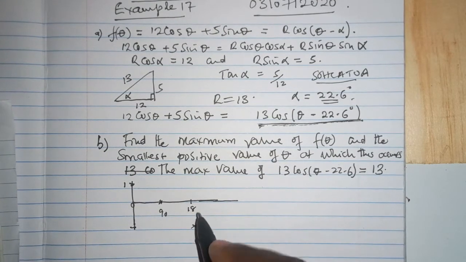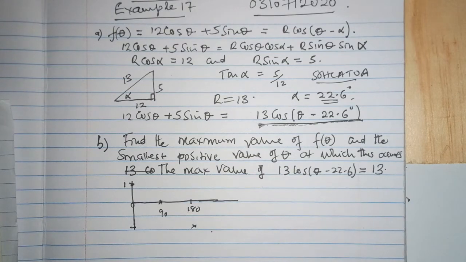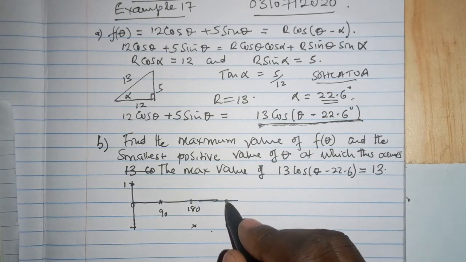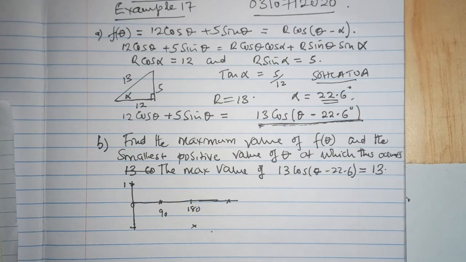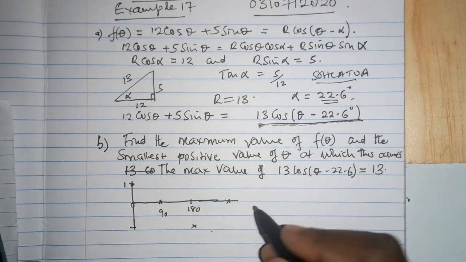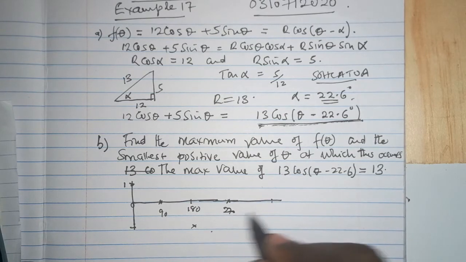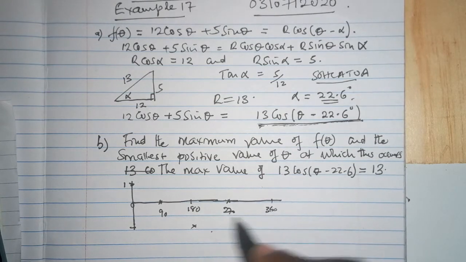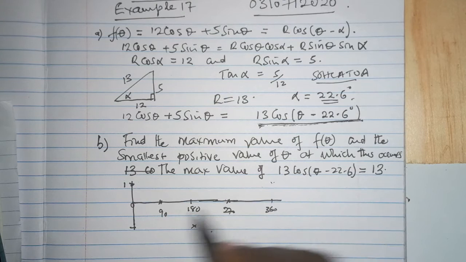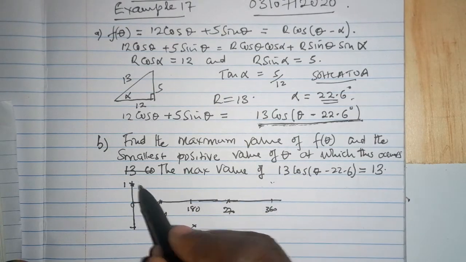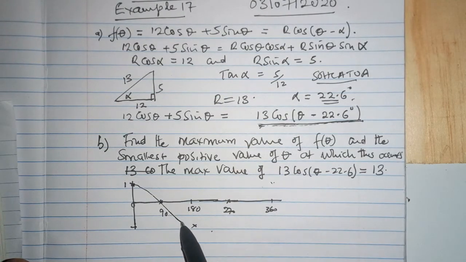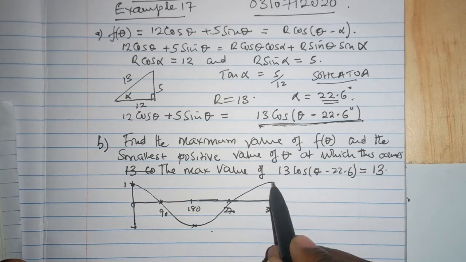The cosine of 270 is 0, and the cosine of 360 is 1. So the cosine curve, all of us know, looks like that.